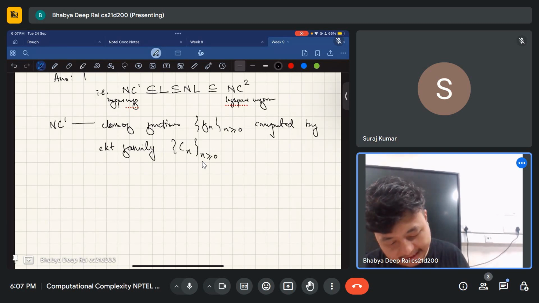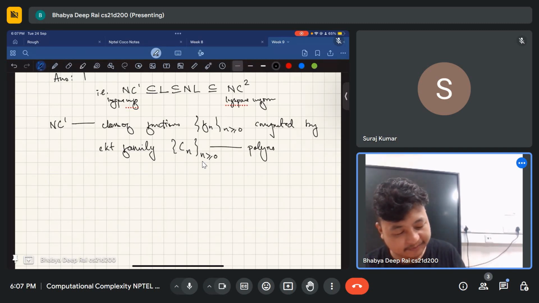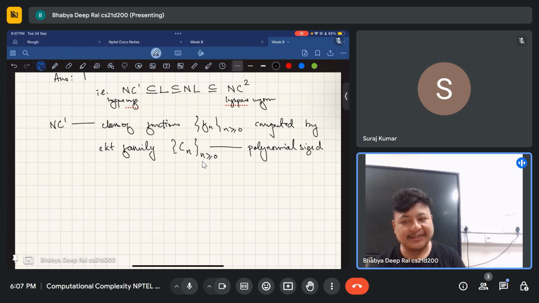And the circuit family is polynomial sized. That is a property of NC.